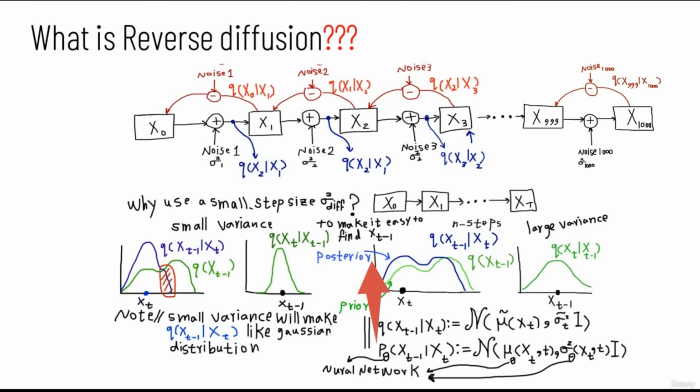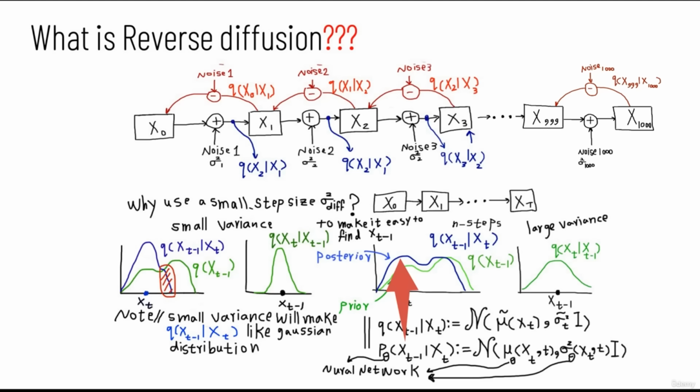As you can see here, this distribution isn't that good because we added a large level of noise and we lost most of the information in the xt value about the xt minus 1 value. So the range of possible values for the xt minus 1 variable will be large. It is like knowing the value of the xt variable didn't make us certain about the value of the xt minus 1 variable. So you can see this is a very bad distribution.